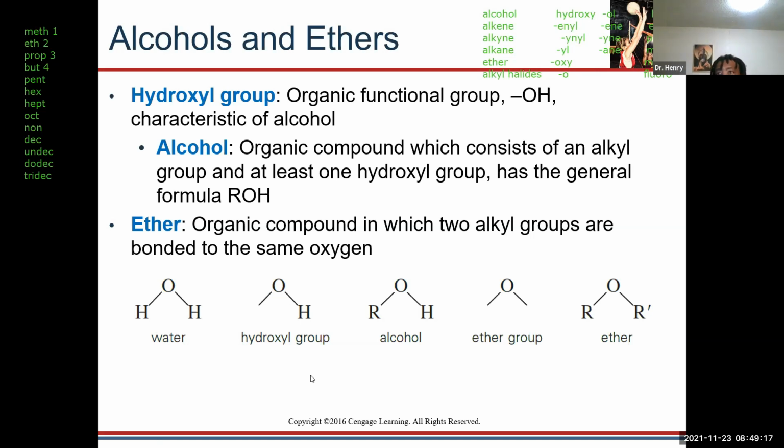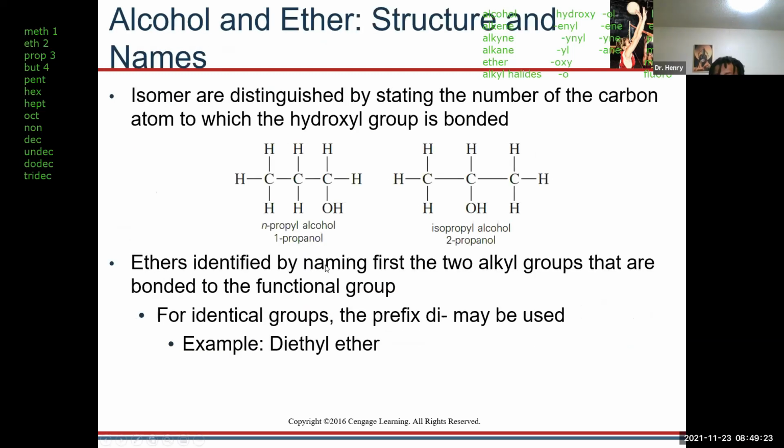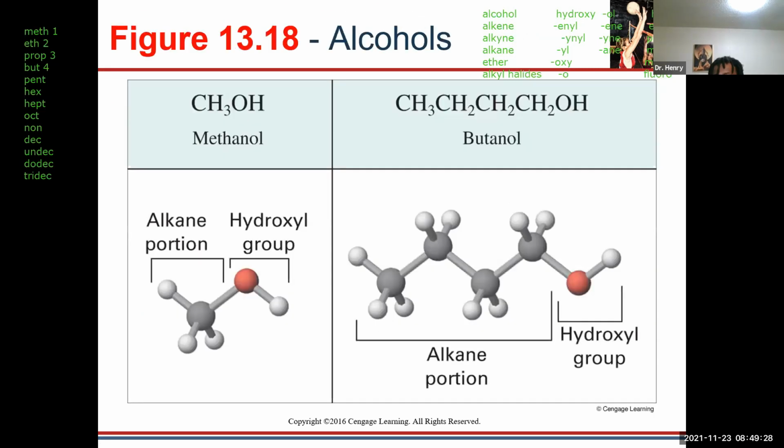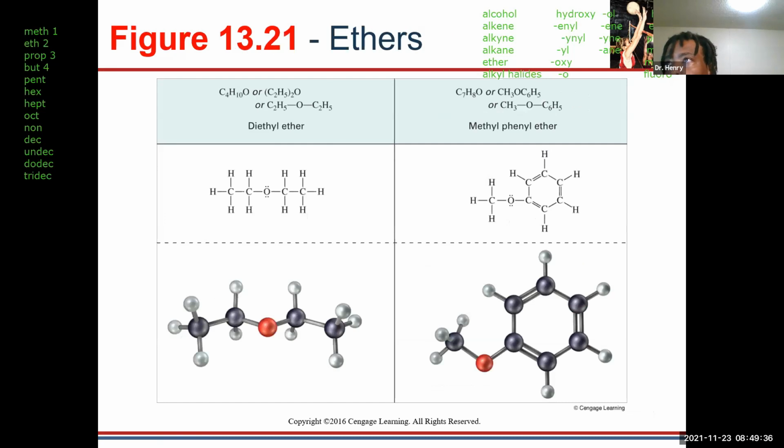Okay, these are just some ball and stick structures of alcohols. This is the ball and stick structures of ethers.